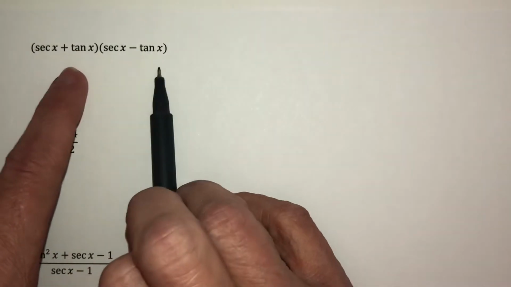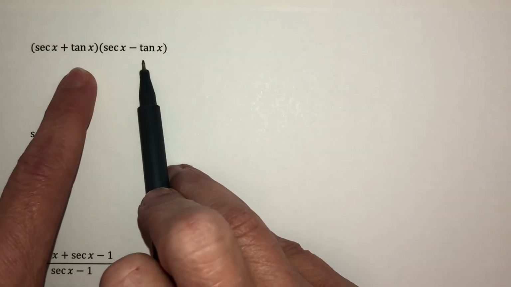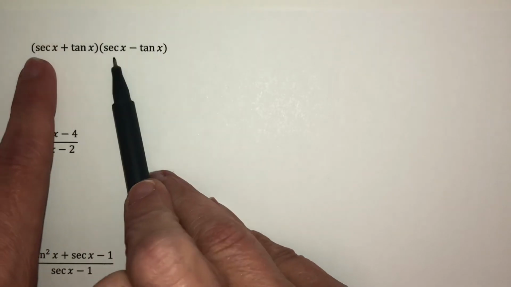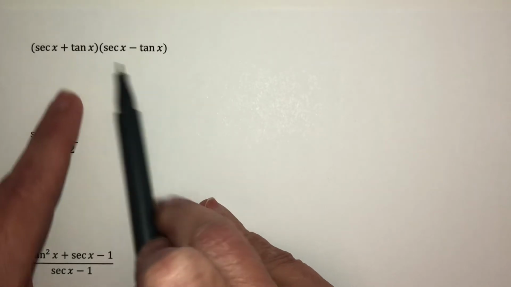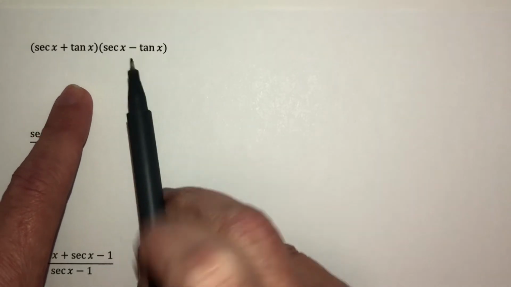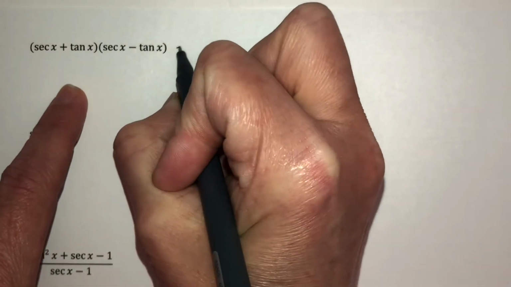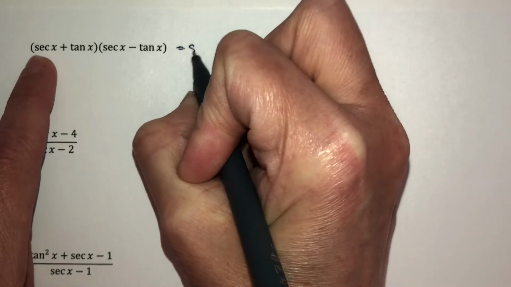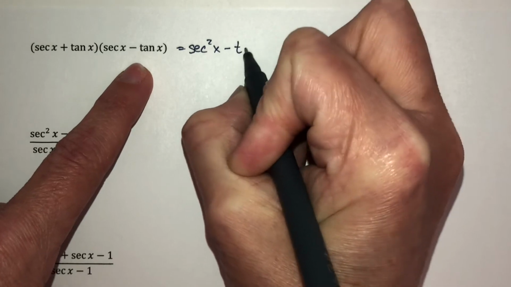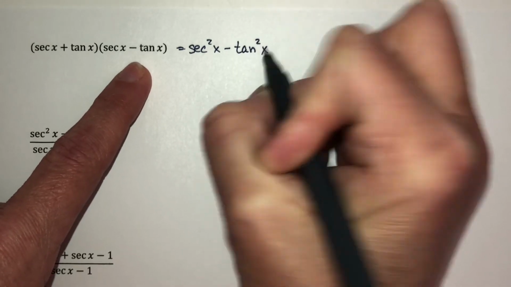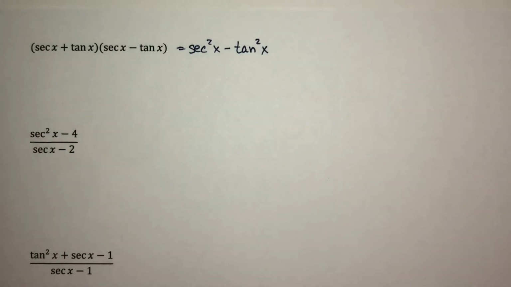I have two binomials that are multiplied together. They have the same two terms. One is a plus, one is a minus. Therefore, this is a difference of squares. And if I just multiply this out using that, I will have secant squared of x minus tangent squared of x.